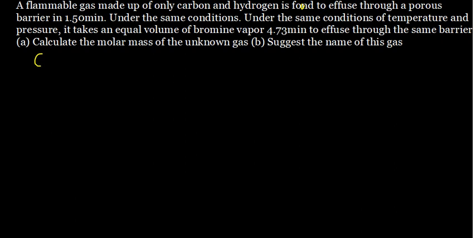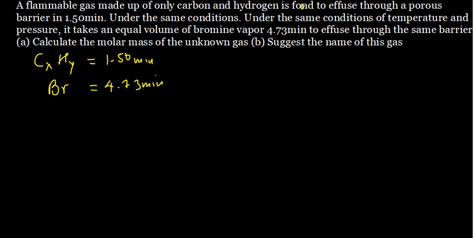Under the same conditions of temperature and pressure, it takes an equal volume of bromine vapor 4.73 minutes to effuse through the same barrier. Now calculate the molar mass of this unknown gas.